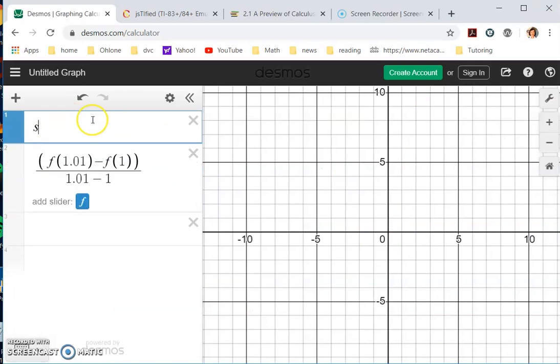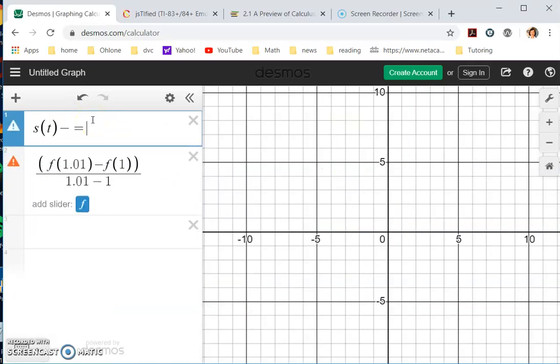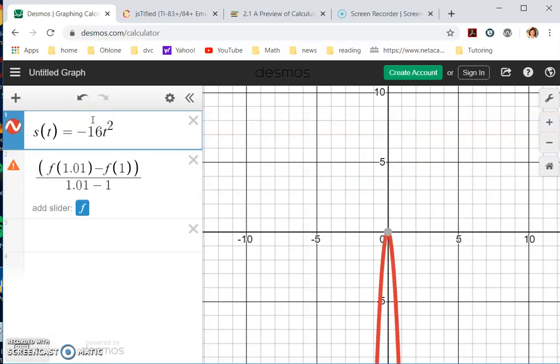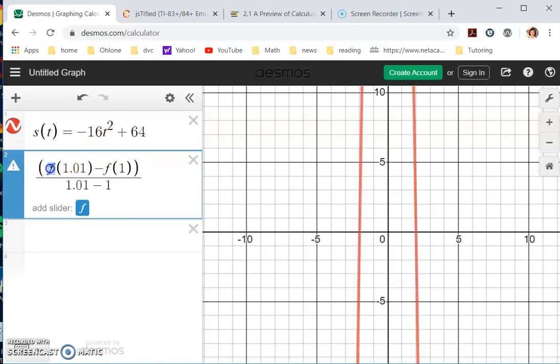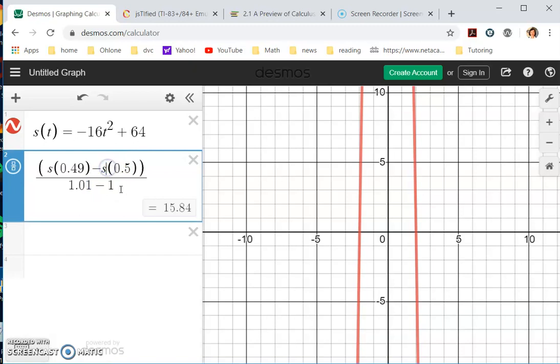So instead of f of t, I'll change it to s of t equal to negative 16t squared plus 64, right? And now I do s of 0.49 and at 0.5 second. Oh no, this is not f, it's s, right?